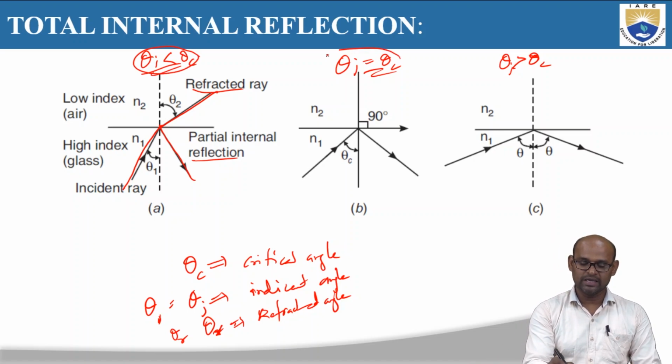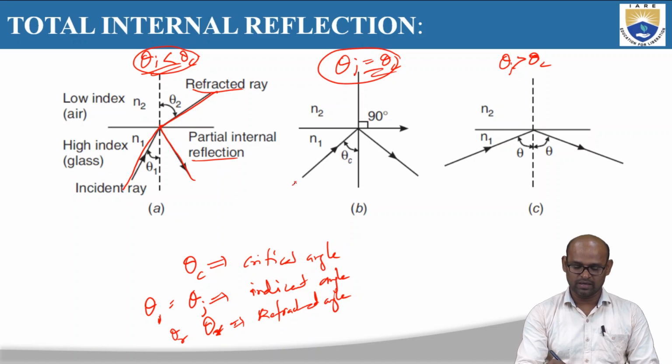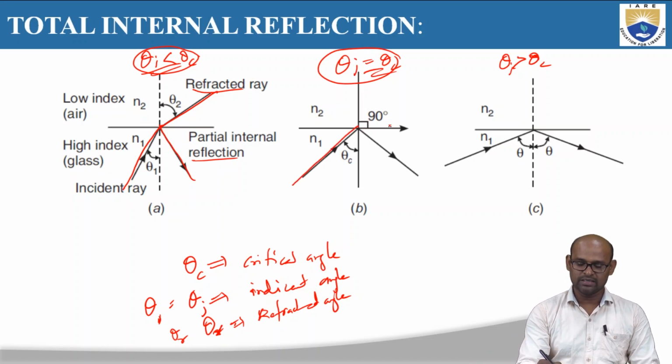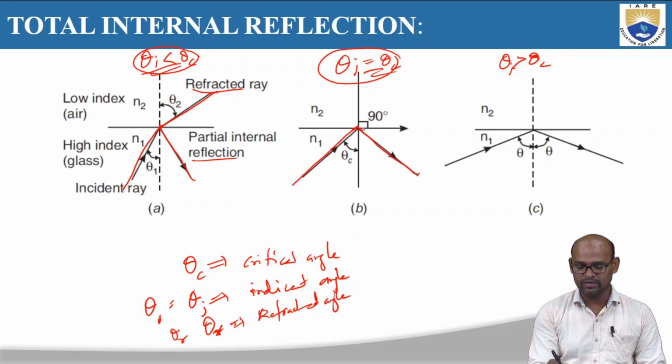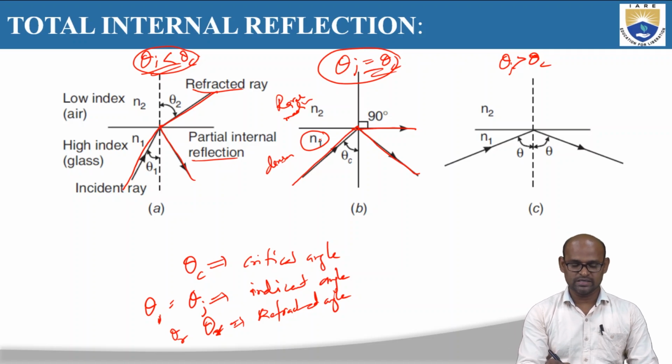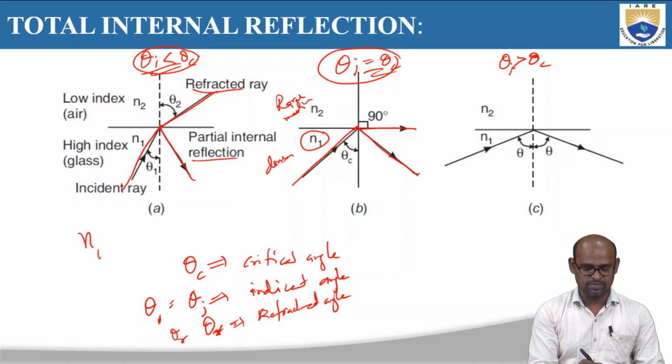When theta I is equal to theta C, the light launched into the fiber will get reflected, and the other part of the light will graze at the interface. Here n1 is the denser medium, which has the higher refractive index, and n2 is the rarer medium, which has the lower refractive index.